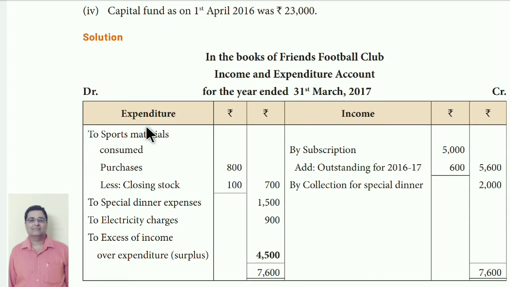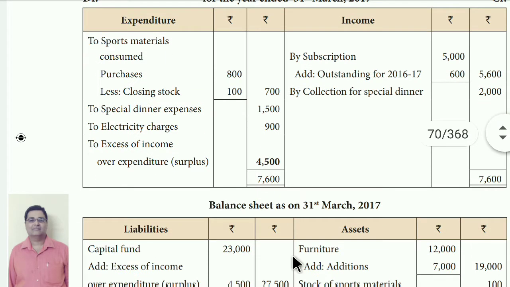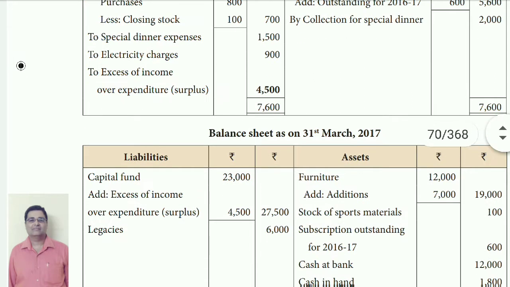On the left hand side write expenditure and then rupees. On the right hand side of your page write income, rupees. Debit, credit. After that leave 10 lines, then put the total line on both sides. After that write balance sheet as on 31st March 2017.